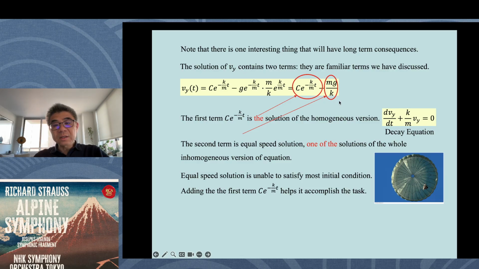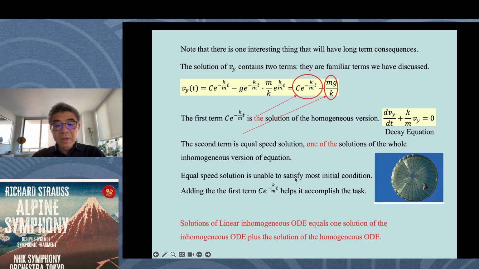We got a special solution, and then a solution for the homogeneous version, with the C to satisfy the initial condition. So this observation tells us a very fascinating fact: the solution of a linear inhomogeneous ODE equals one solution of the inhomogeneous ODE, which is this, plus the solution of the homogeneous version.